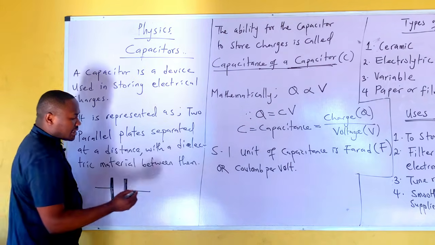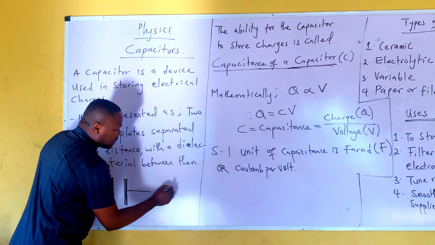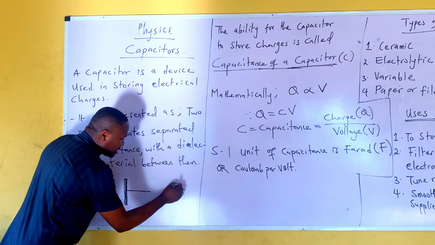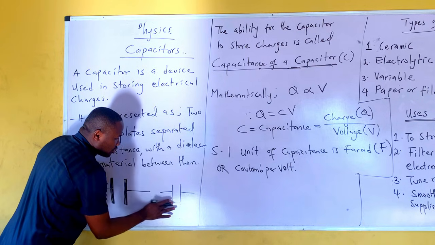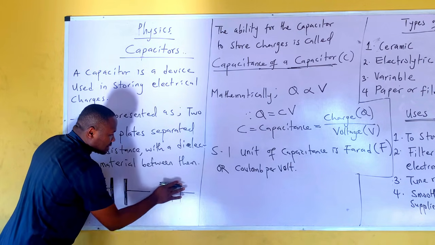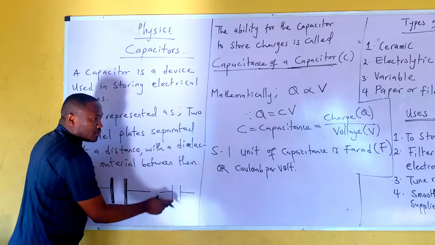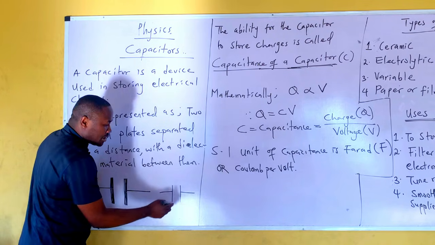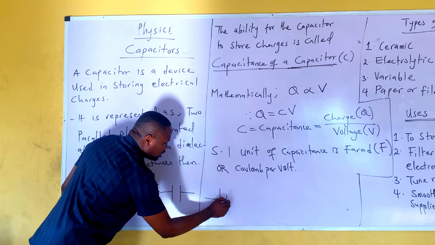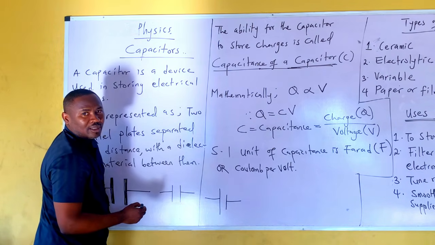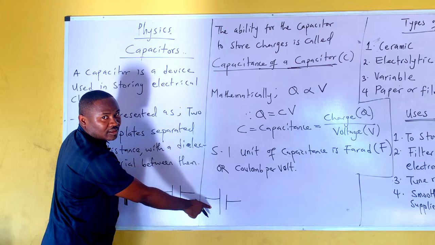So the electrical symbol for a capacitor is like this, and you must make sure that the two lines are equal. One must not be longer than the other, because the moment one becomes longer than the other, it's no more a capacitor, it's now a cell.